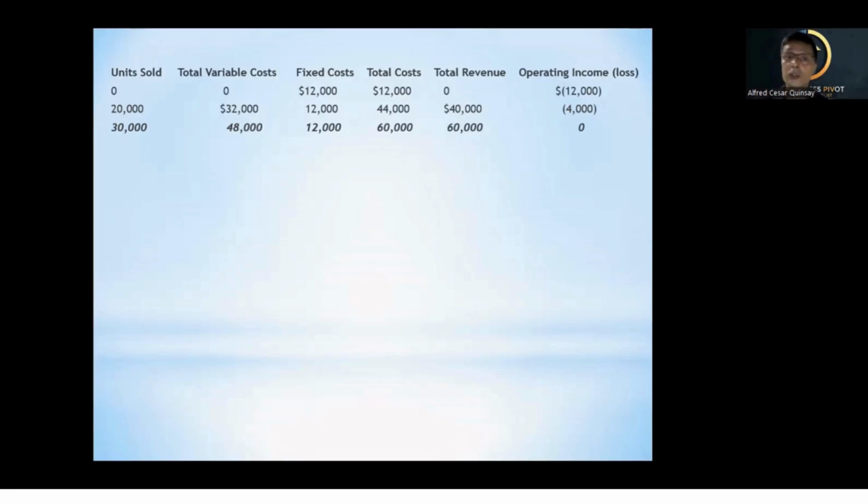So that would be a total cost of $60,000, while their sales is $60,000. Now sales and the total cost are the same, so that's why they break even at zero. So at 40,000, you can see that they have already earned $4,000. And for 60,000, another 20,000 interval from 40,000, there would be a $12,000 operating income.